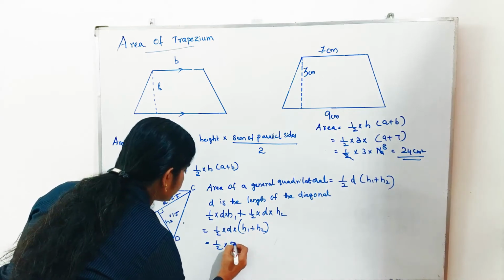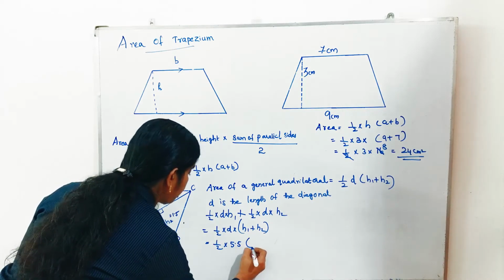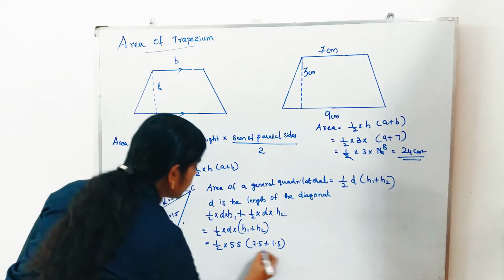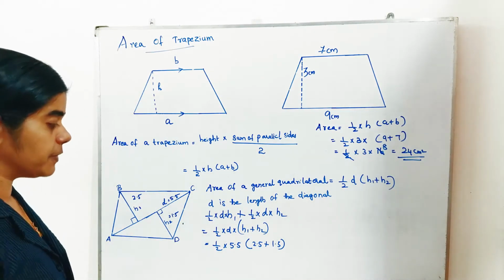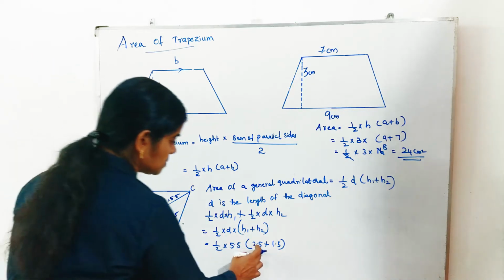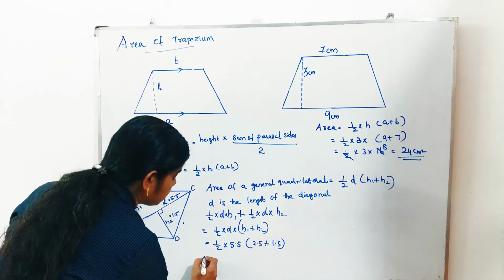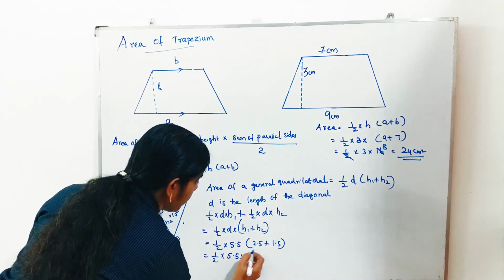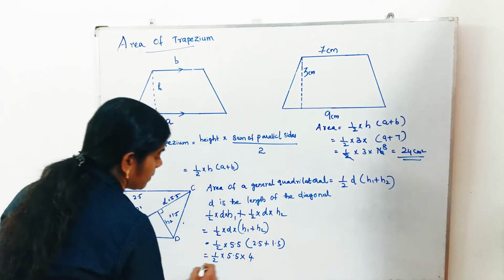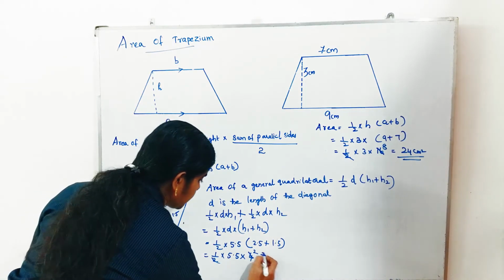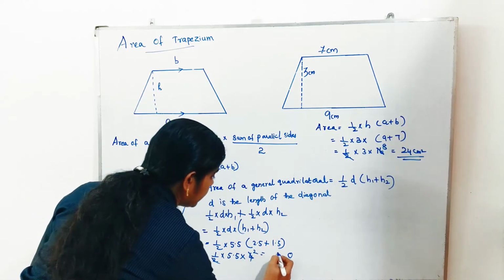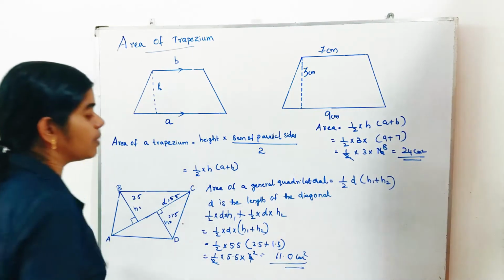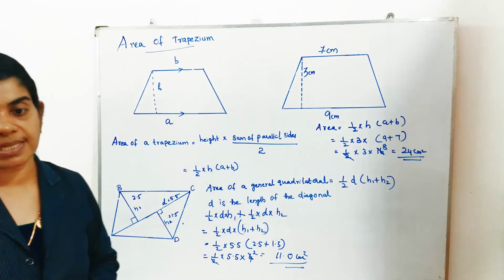Half into 5.5 into (2.5 plus 1.5). We can add 2.5 plus 1.5, that is 4. Then half into 5.5 into 4. Then we can cut this by 2. 11 centimeters square will be the area of this general quadrilateral.